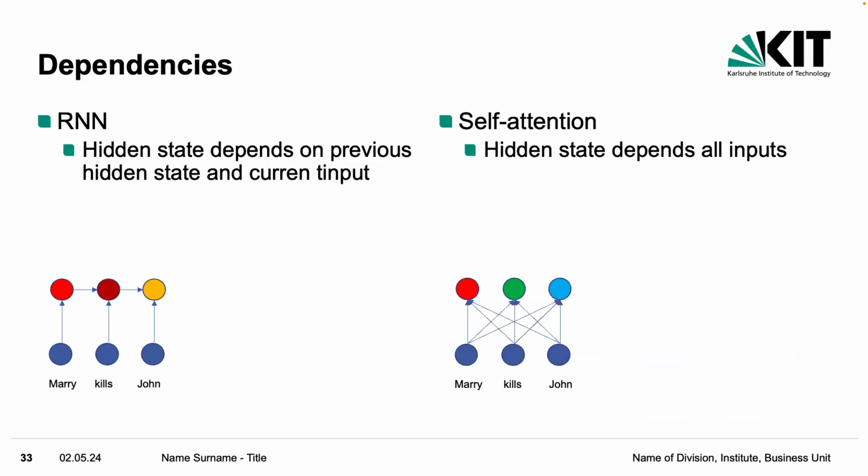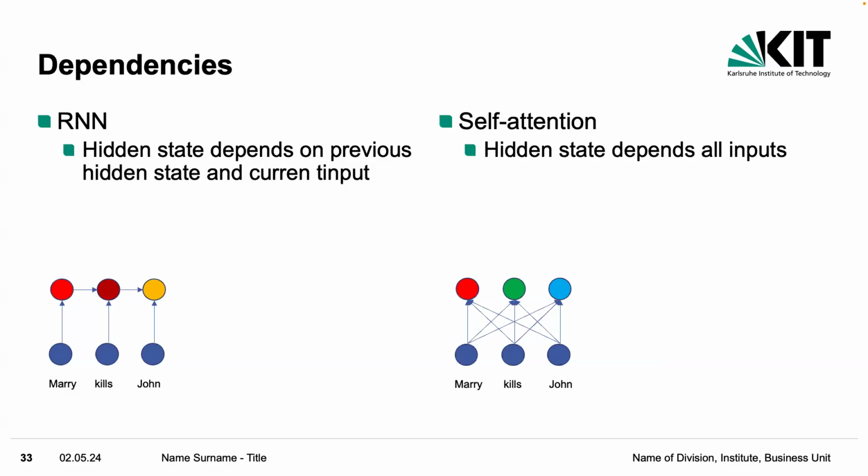So when we're looking at the hidden states, if we have an RNN, your hidden state always depends on the previous hidden state and on all the previous ones. If you have self-attention, it's a bit different.